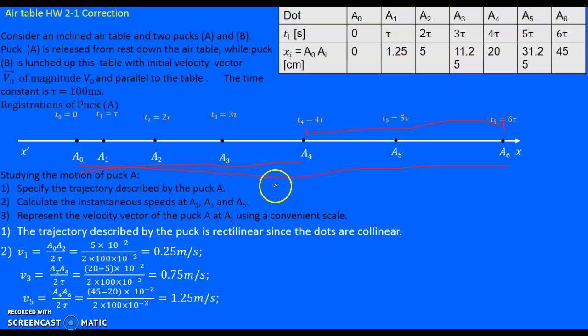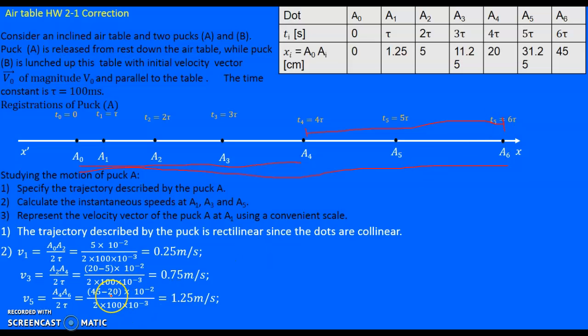So it's the difference between them. We are given the distances here. This is A0A1. This is A0A2. This is A0A3. This is A0A4. This is A0A5. A0A6. So if you want A4A6, we have to subtract A0A6 minus A0A4.